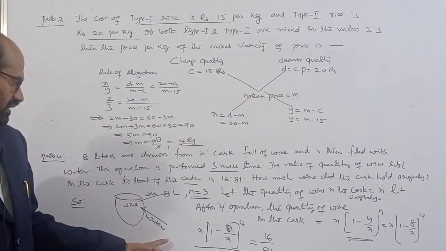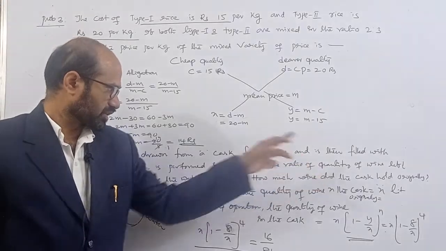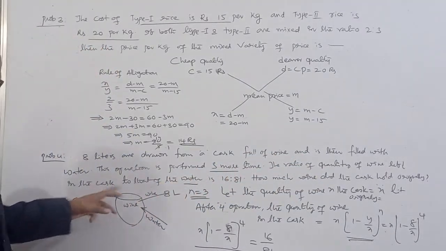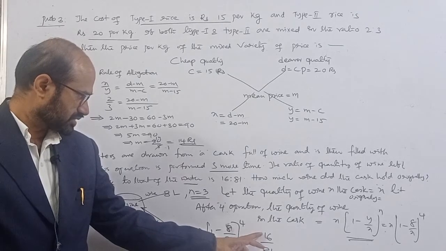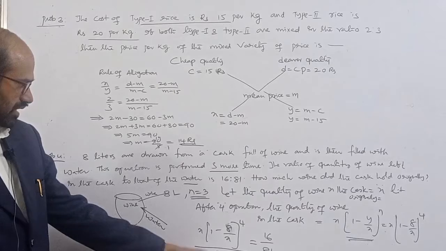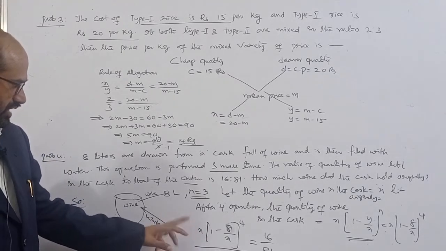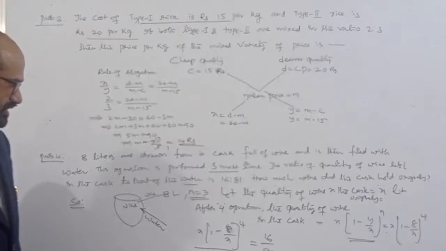The ratio of the quantity of wine to that of water is 16:81.